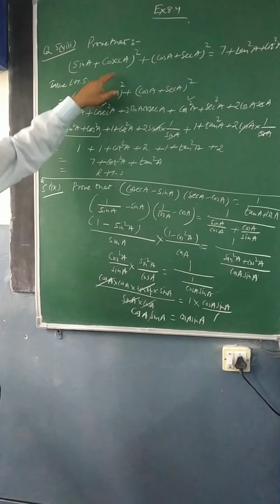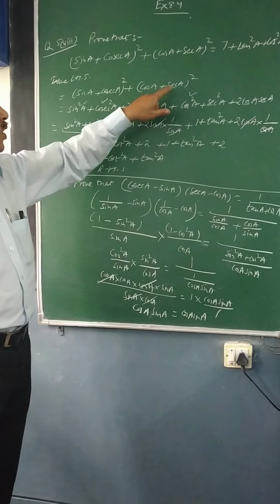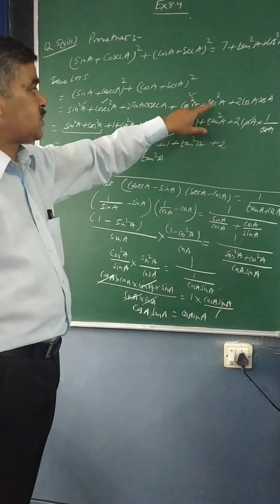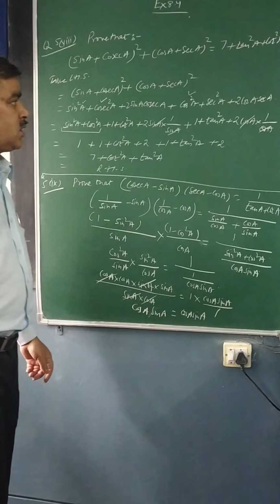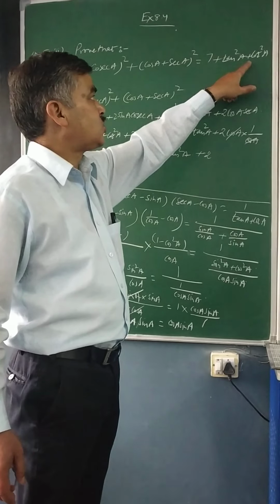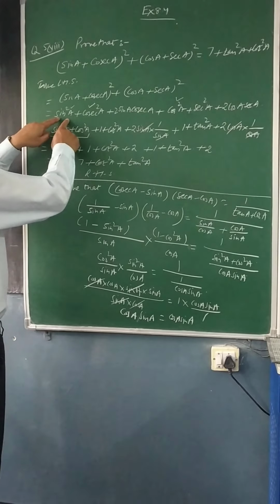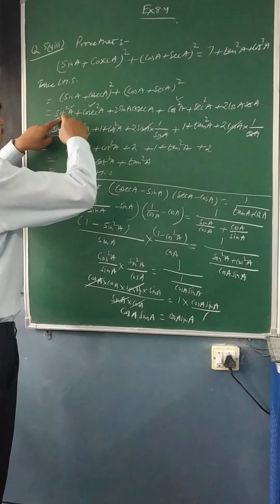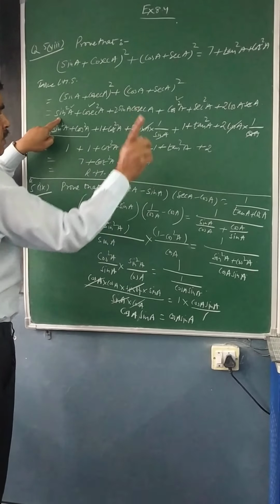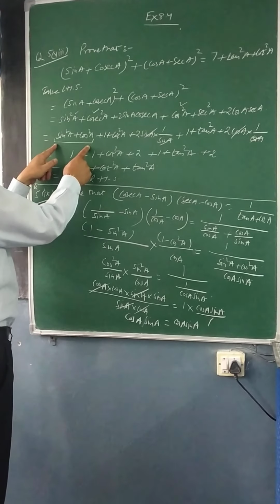So then I will expand this, a square plus b square plus 2ab. Similarly (cos A plus sec A) square, a square plus b square plus 2ab. Now you see, pay attention there, I need tangent square, I need cotangent square and then 7. So if you see, this is sin square A and this is cos square A. So sin square A plus cos square A is some identity, so I just can arrange these two together.